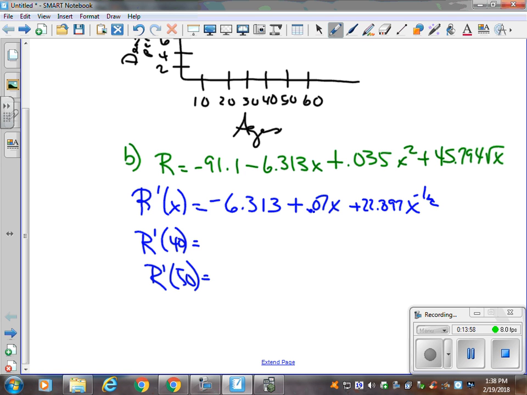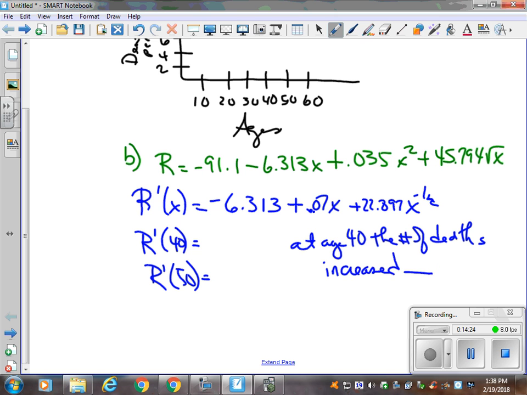The rate went up. The units are still per thousand, but it's how much the rate went up if you're age 40. So, for example, at age 40, the number of deaths increased blank per thousand.